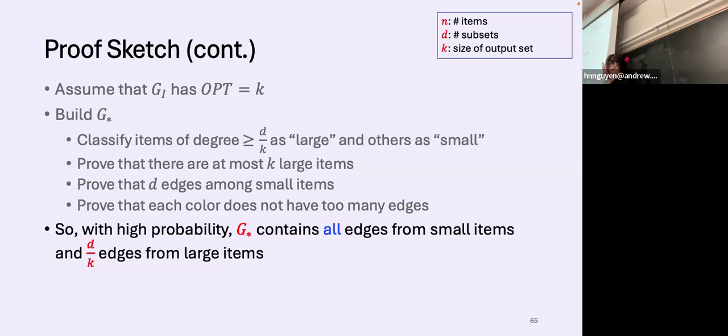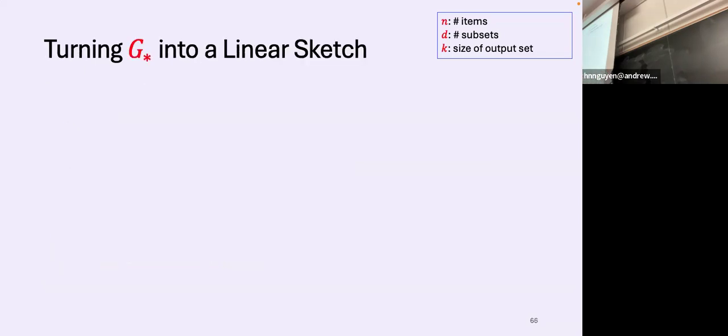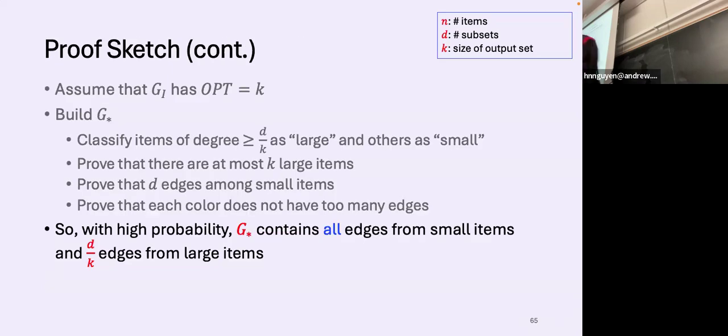Same with the small items: I said they're not going to be colored the same as a large item, and they're not going to be colored as too many other small items. So I should be in a color where I can get all my edges. All right, so that is the end of forming G star. Does anyone have any questions about the correctness?